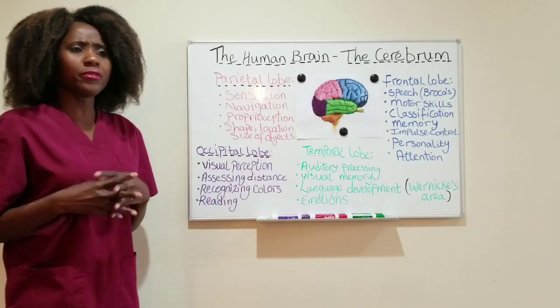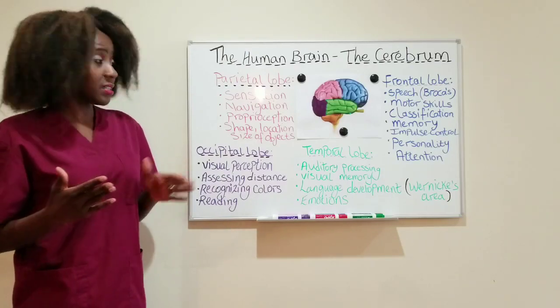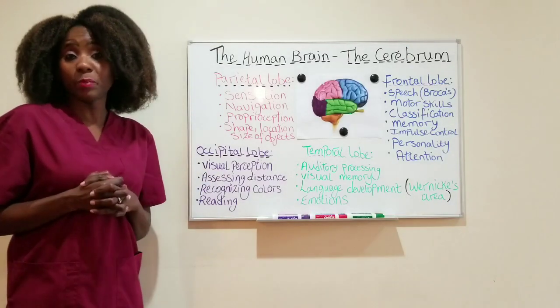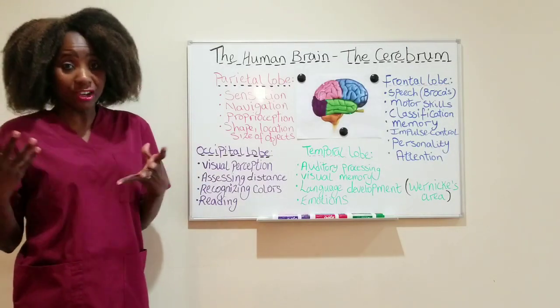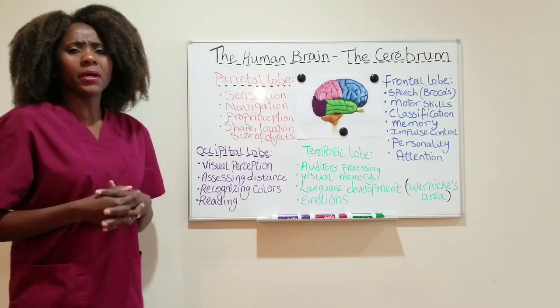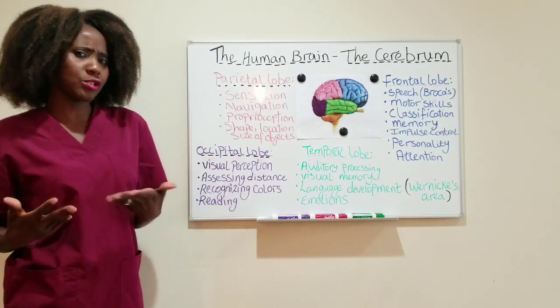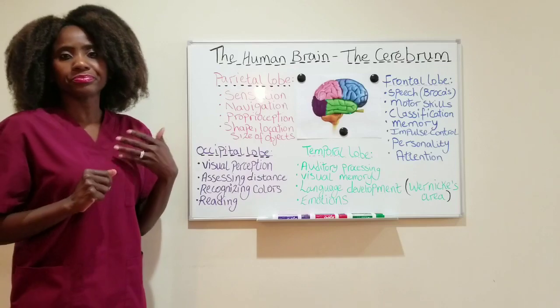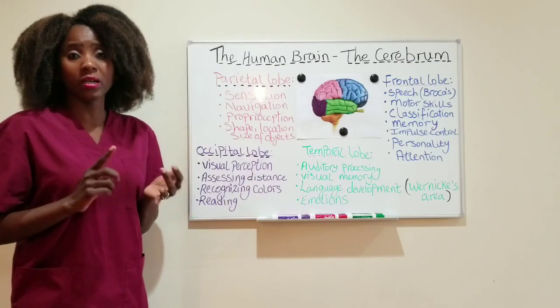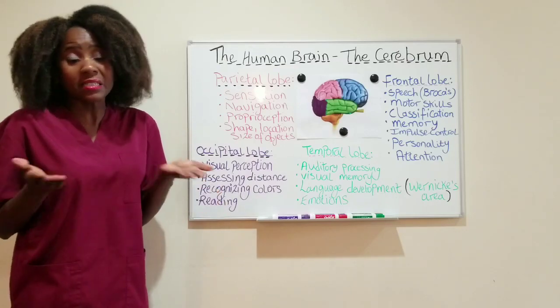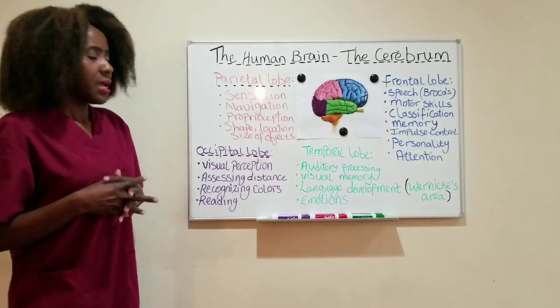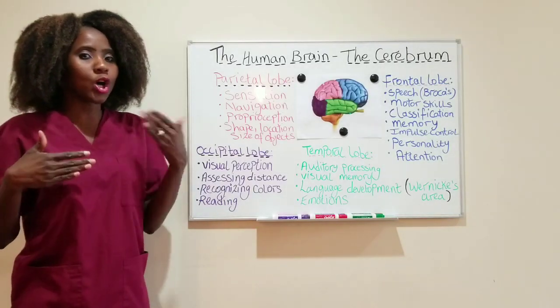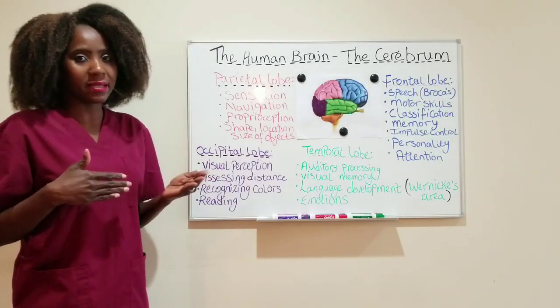So for instance, if you hear a siren, the temporal lobe would be responsible for helping you to hear the sound in the first place, but also to assign meaning to it. So you might say, okay, this is either the ambulance or the fire truck or the police vehicle for that matter. And it also helps you to remember songs that you have heard in the past.